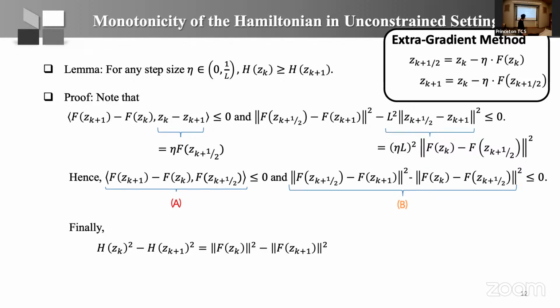I want to prove this is greater than or equal to 0. How do I do it? Well, I can clearly add A to it, because this is non-positive. I can add B to it as well. In particular, I'm adding 2 times A plus B.